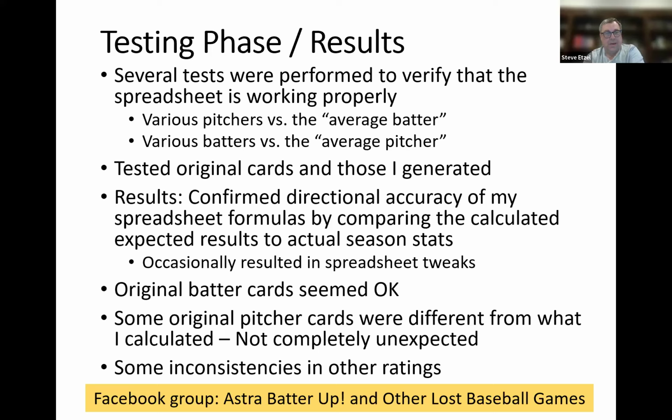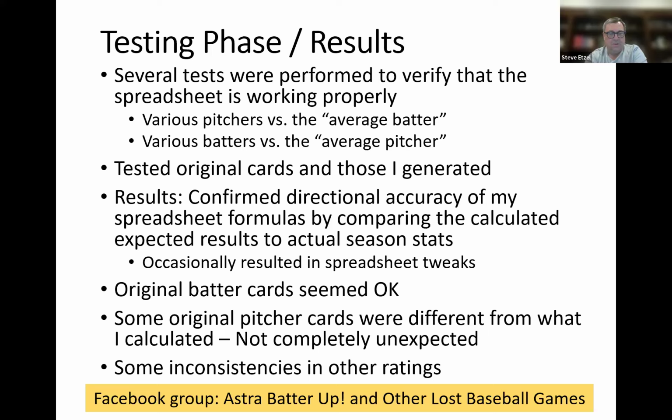I would say the original batter cards seemed okay. I'm not so sure about some of the original pitcher cards, but based on my experience with Sports Illustrated, that's not completely unexpected. Unless you really came up with this algebra formula that I did, it's going to be hard to get the pitcher card truly accurate.